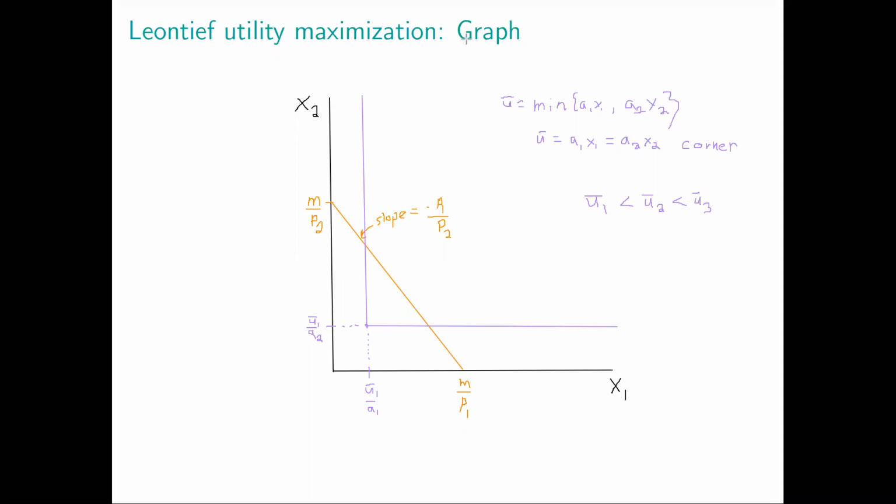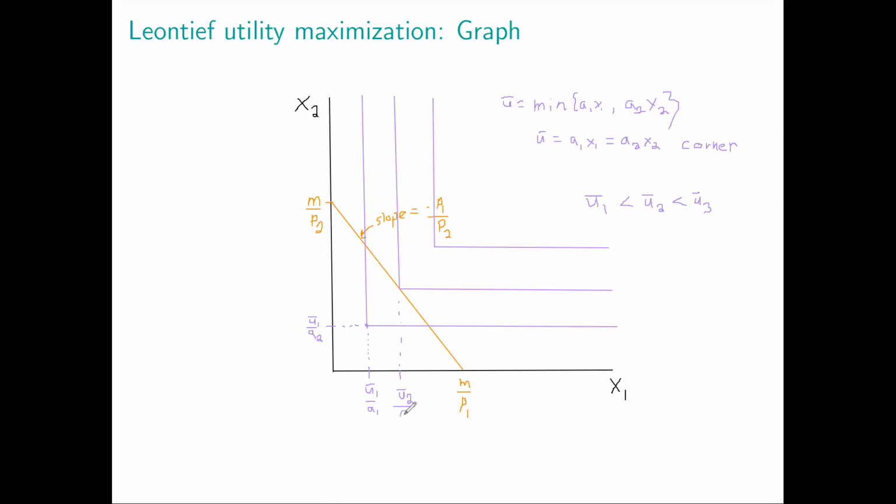We can have higher and higher ones as well. So I can find maybe U2 occurs here, and there's not going to be any way to do better. And maybe U3 is over around here. Each one of these will intersect at the following points.